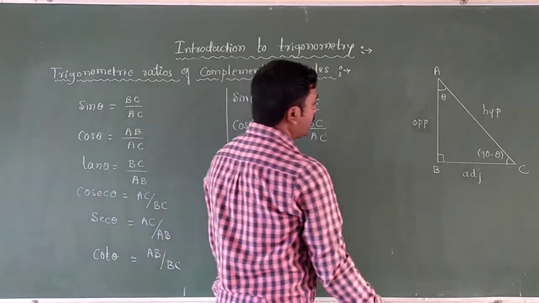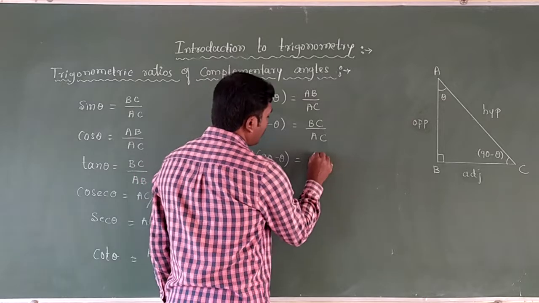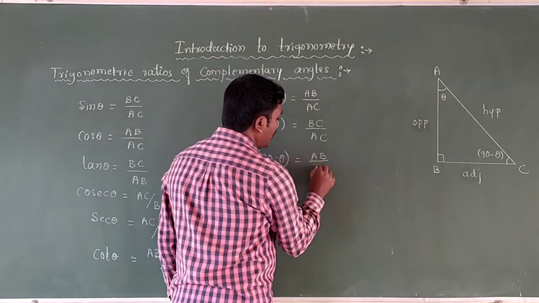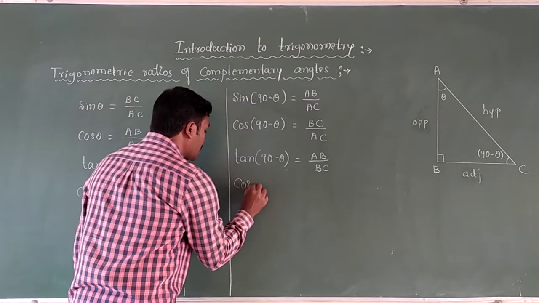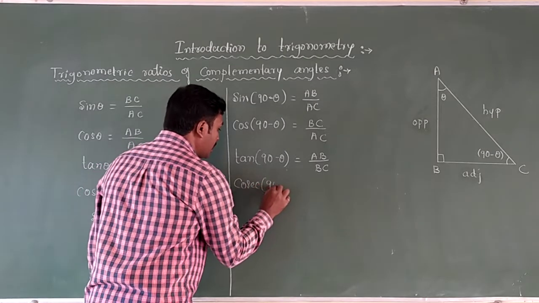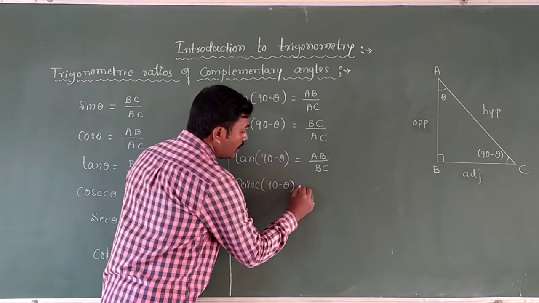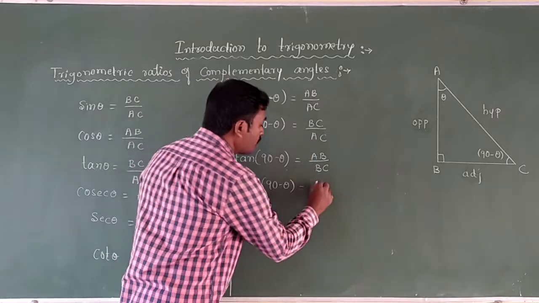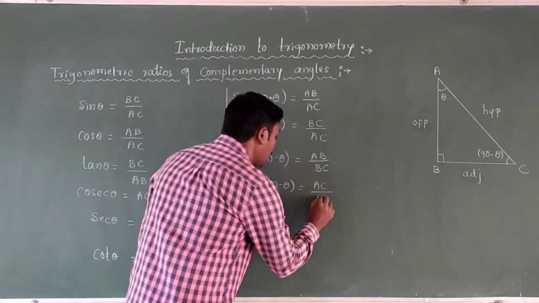Tan 90 minus theta is opposite by adjacent, AB by BC. Next, cosec 90 minus theta. Cosec 90 minus theta is hypotenuse AC divided by opposite AB.